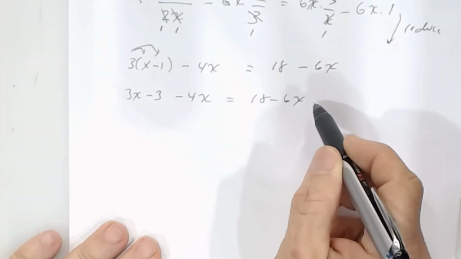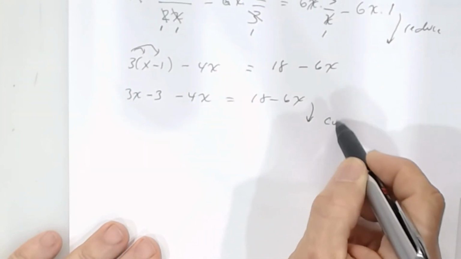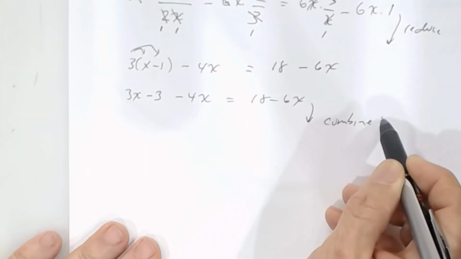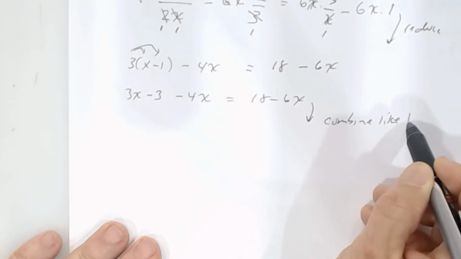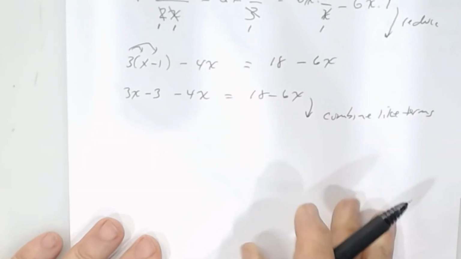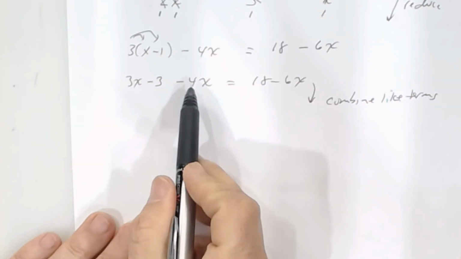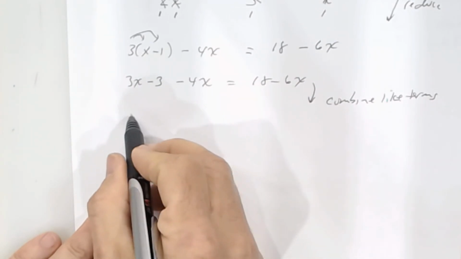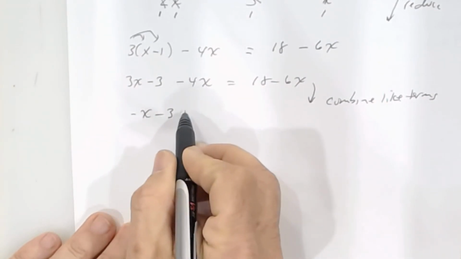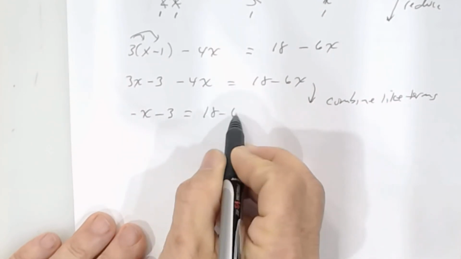What's the next step? Combine like terms. And so what's 3x minus 4x? So that's negative x minus 3, right? Equal 18 minus 6x. All right, so that's where I'm at.